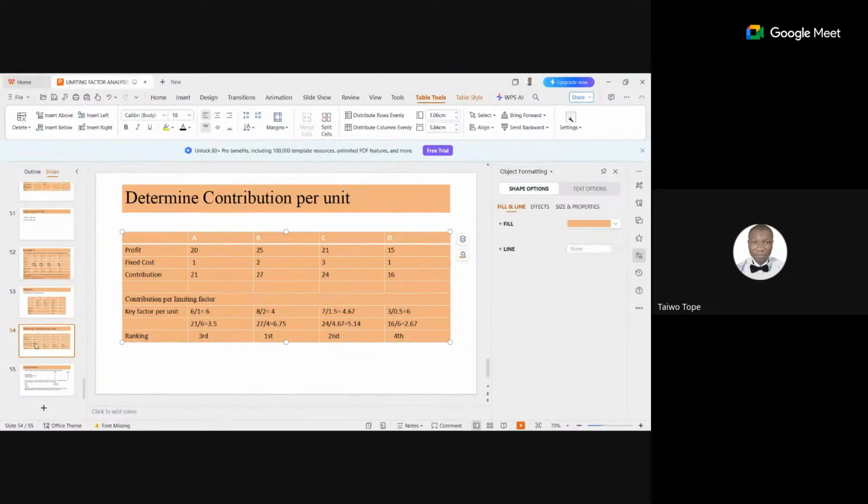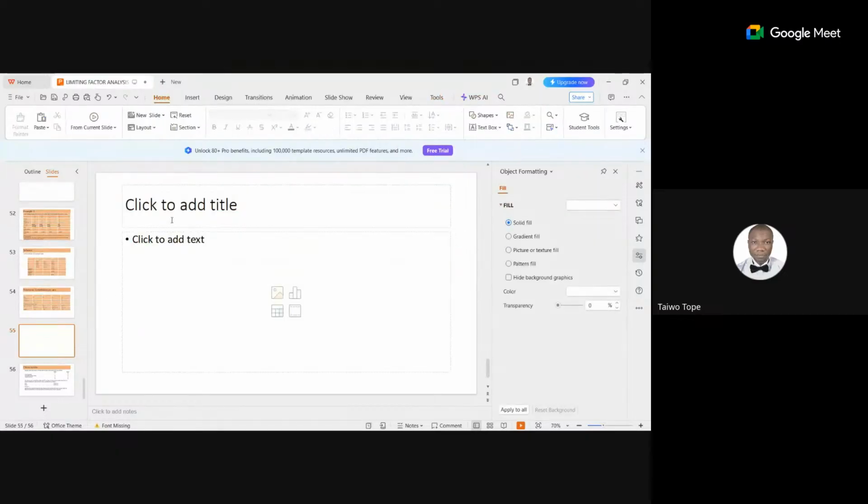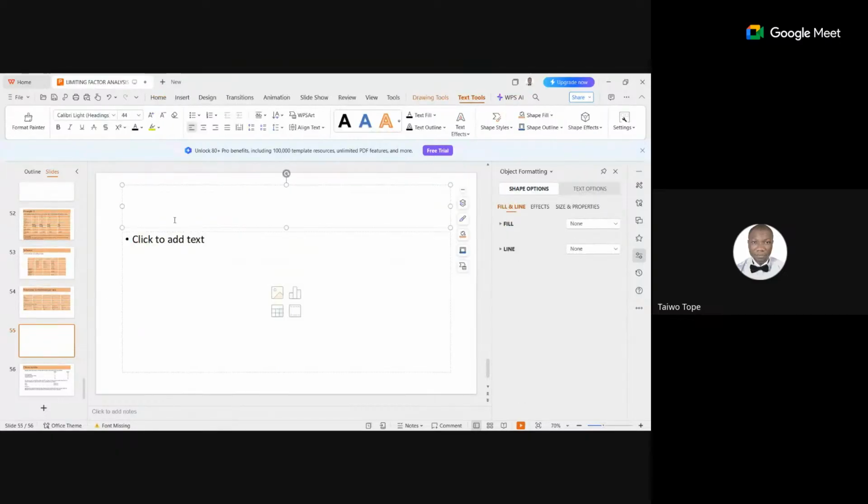So we'll now do it this way: allocation of 300,000 labor hours.